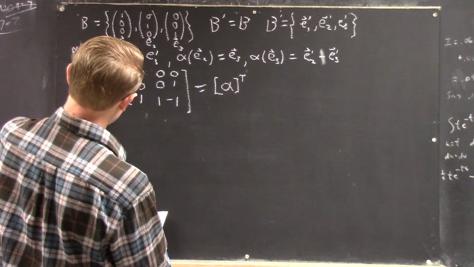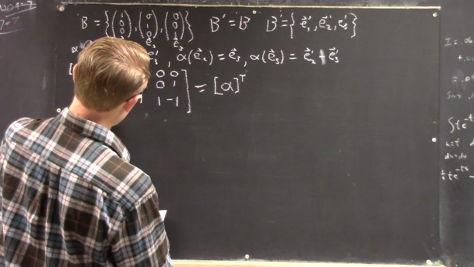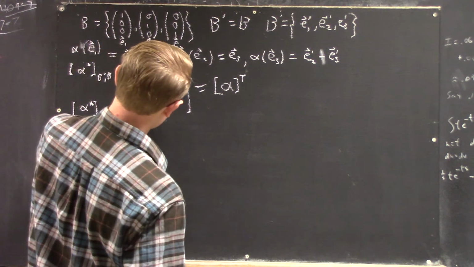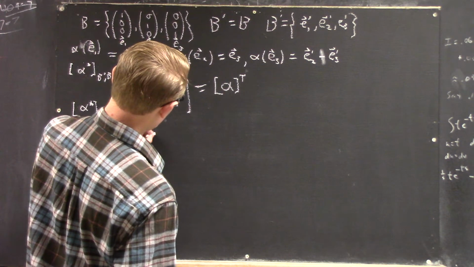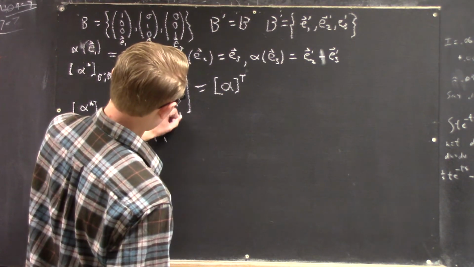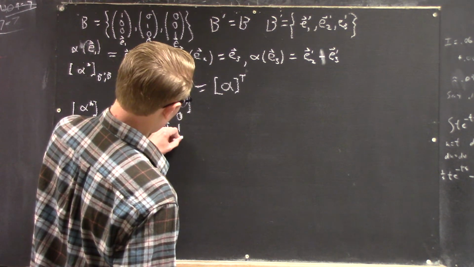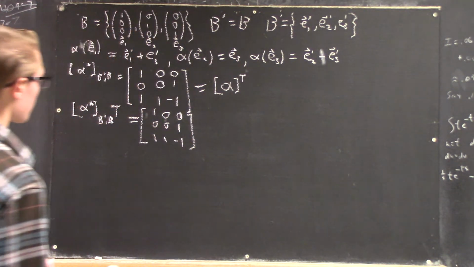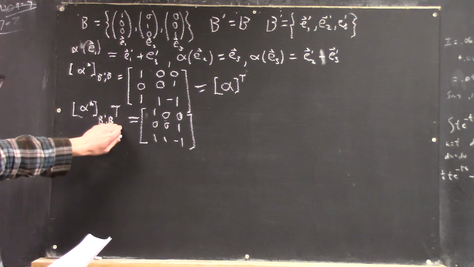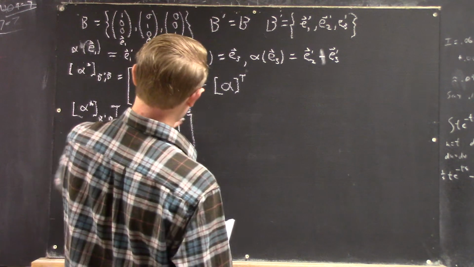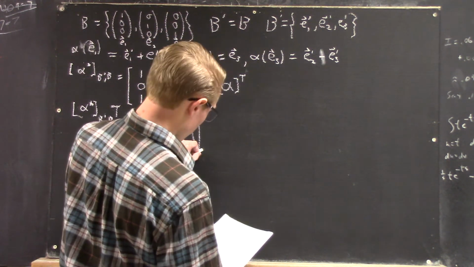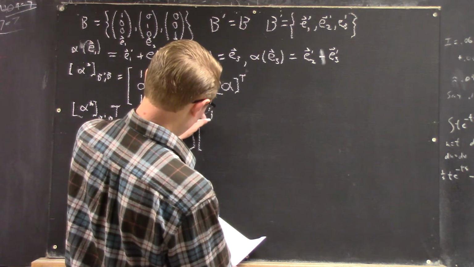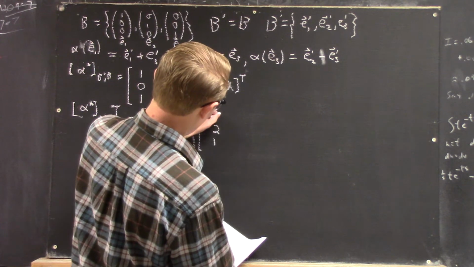The matrix of alpha pullback with respect to basis B prime and B, times T, of course, equals the matrix 1, 0, 1, 0, 0, 1, 0, 1, and negative 1, times, in this case, we will use the transpose of the other linear transformation T, which will, of course, be 1, negative 2, 1.